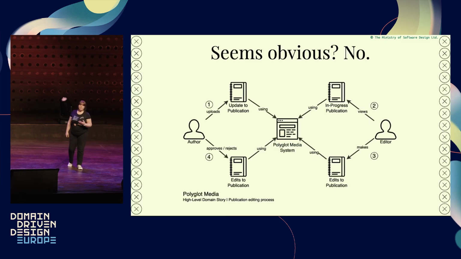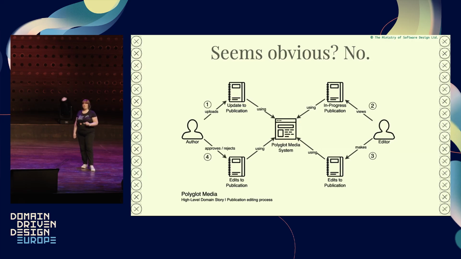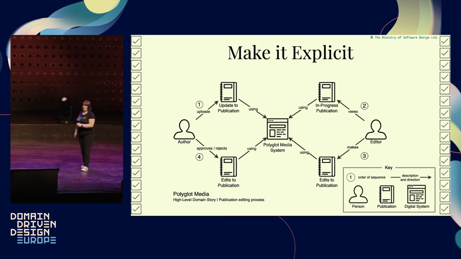Now, sometimes we've got icons like this and we've picked them because they're really obvious. It's really obvious what all of these icons mean to ourselves. Other people may get the wrong idea. So what we really, really need to do is make things explicit. Put that key or legend in. Say what the numbers mean, because you know that those numbers are the order.